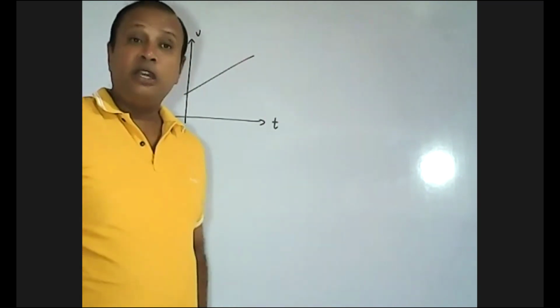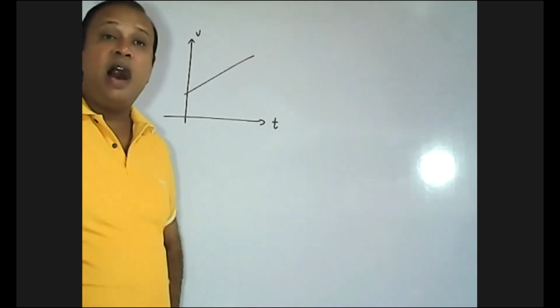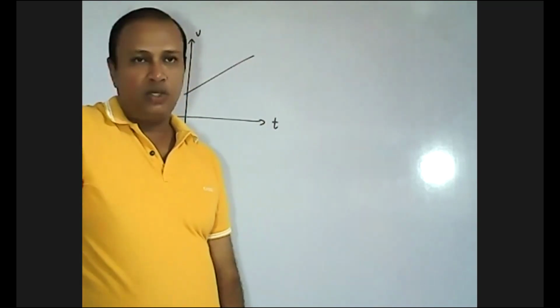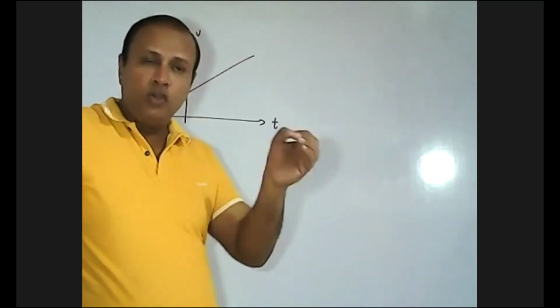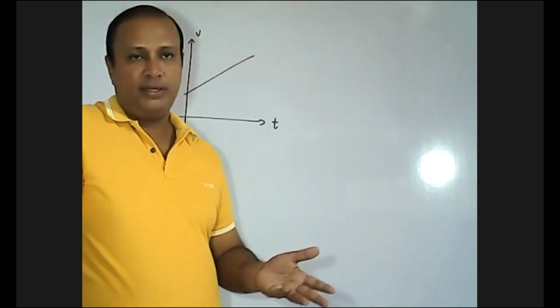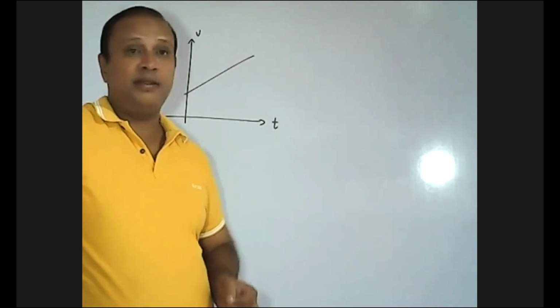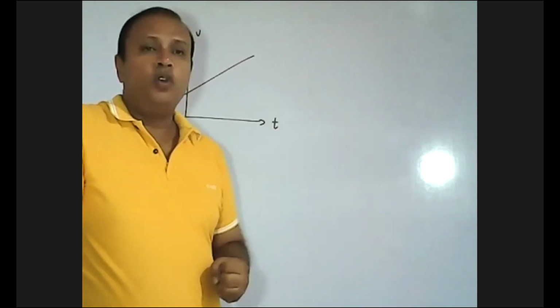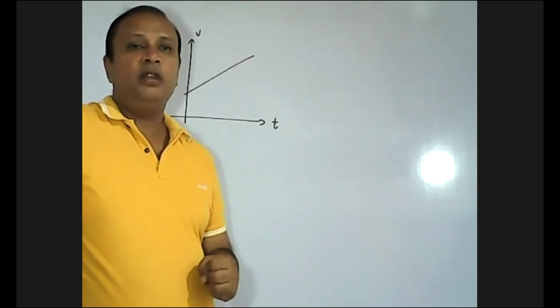Therefore, the equations of linear motion are valid for constant acceleration conditions only. We cannot use those equations for variable accelerations. You have to remember that when you are going to use equations of linear motion.